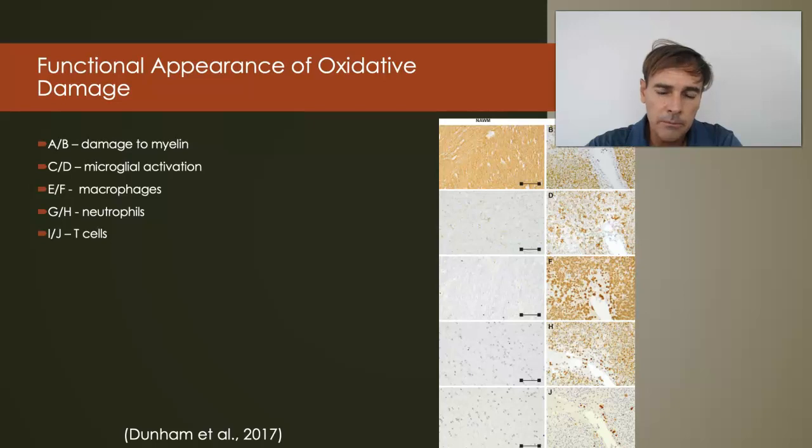Macrophages also play a similar role in the brain, clearing up damaged proteins or lipids. They're sort of like the brain's housecleaning and immune cells. And neutrophils and T cells, again, are part of the immune system, and you can see before and after that they're much more active over here. So this is kind of what oxidative stress may look like in certain degenerative disorders.